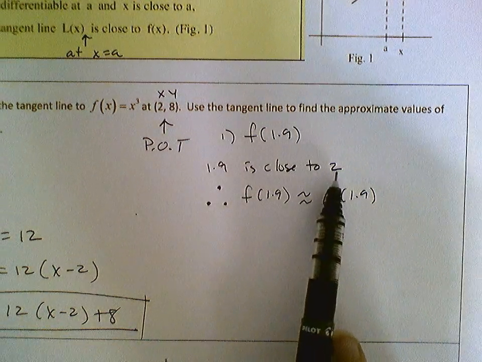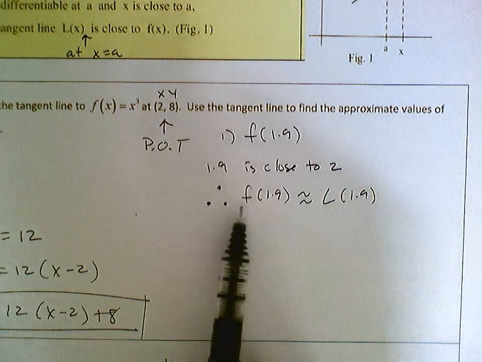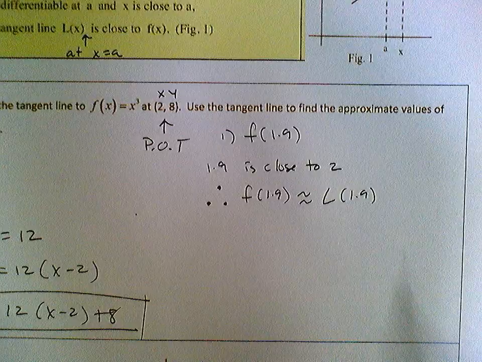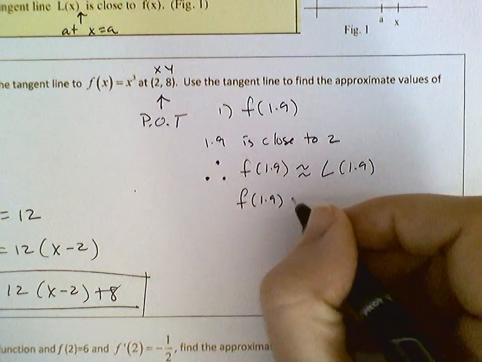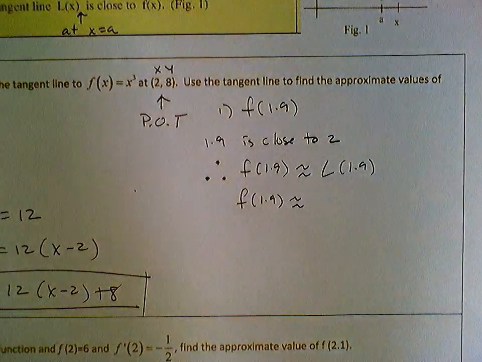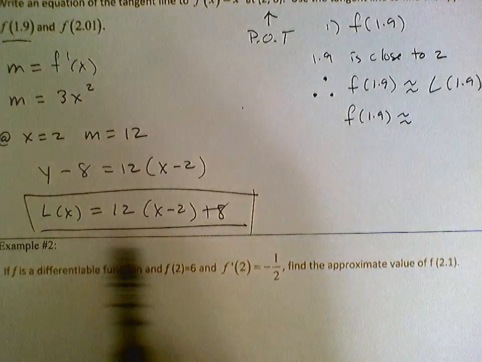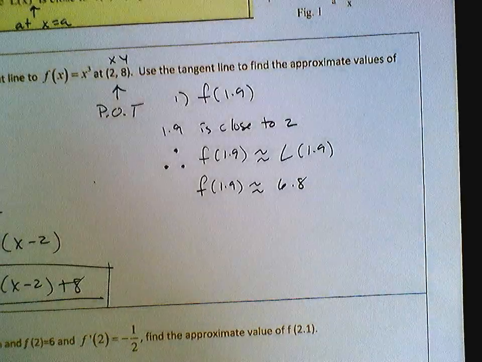For input values very close to 2, the output of f is going to be very close to the output of the tangent line right there. And then right below, I'm just going to go, so f of 1.9 is approximately, and I already plugged this into my calculator, so I plug in 1.9 into L of x, and I end up here with 6.8.